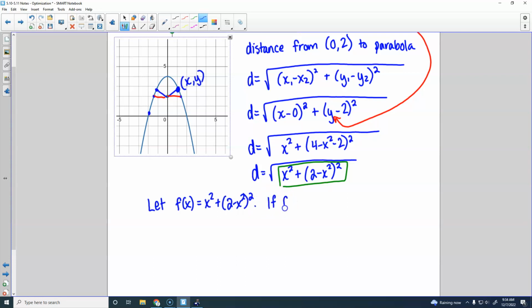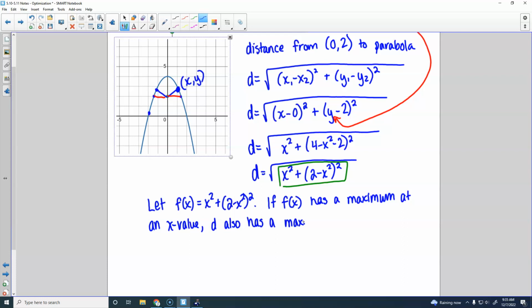If f of x has a maximum at an x value, D also has a maximum.